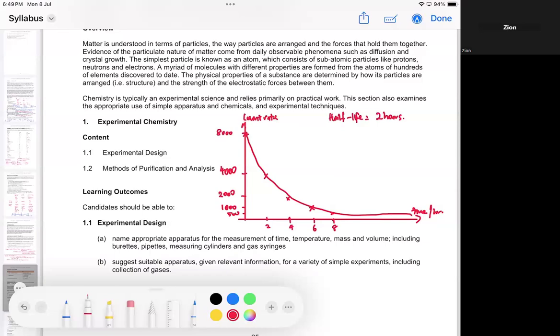No matter how small it is, you'll keep dividing by two. From 500 you go to 250, 125, 62.5, 31.25, 15 point something, 7, 3 point something, 1 point something, 0 point something. Yes, it will decay to such a point that the radiation effect is not significant, but it will never, never go to zero.